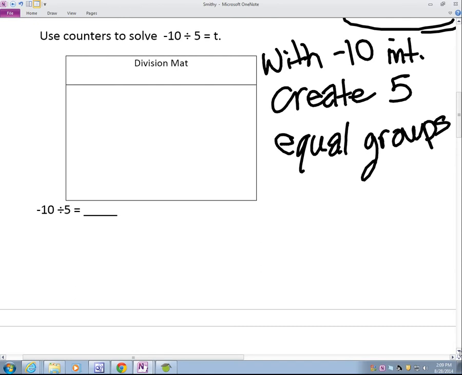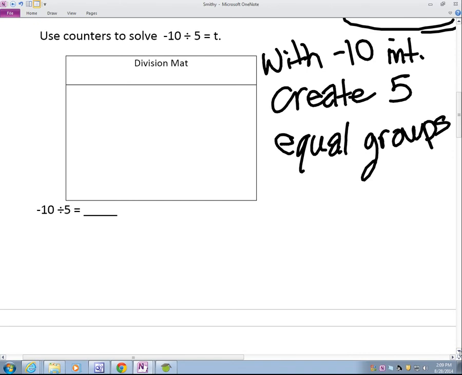So, what are we going to draw in our division mat? Look at the example above it and the story for that one. 10 what?